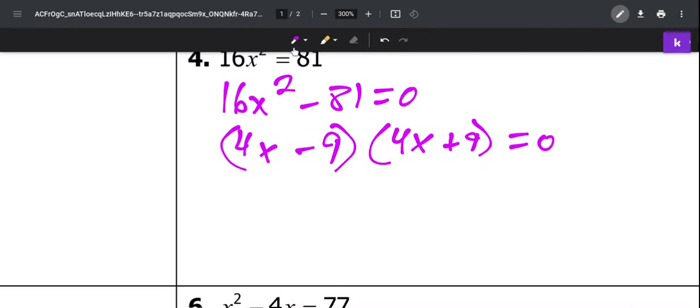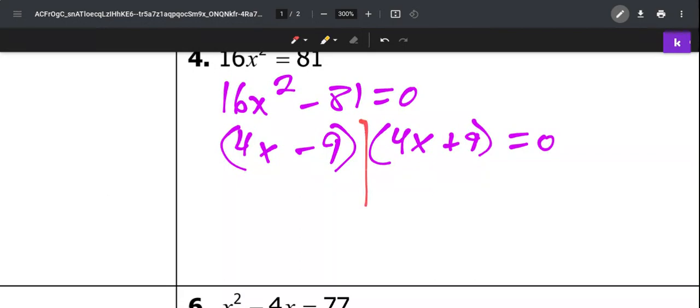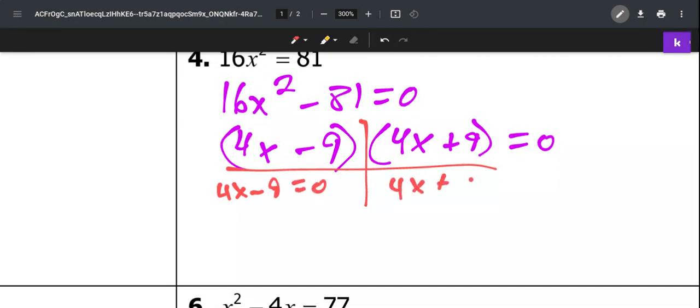So what we can do is take each of these, split them up, and set them equal to 0. So 4x minus 9 equals 0, and 4x plus 9 equals 0. We would end up adding 9 over, then divide by 4.